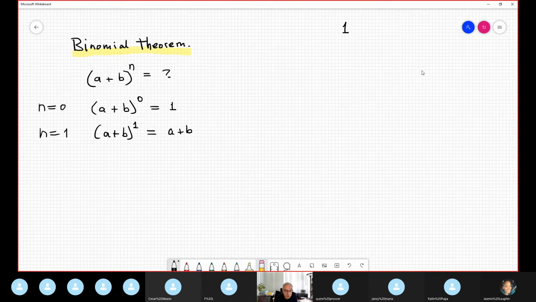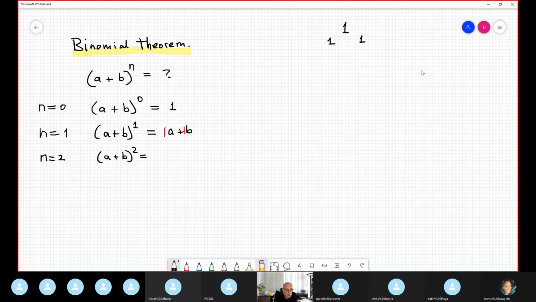And I want to put here, look, this coefficient is 1, and this coefficient is also 1. Yeah, I put it here. Look, 1. I'll try to make a special construction here. N equal 2, bueno, is a plus b squared.